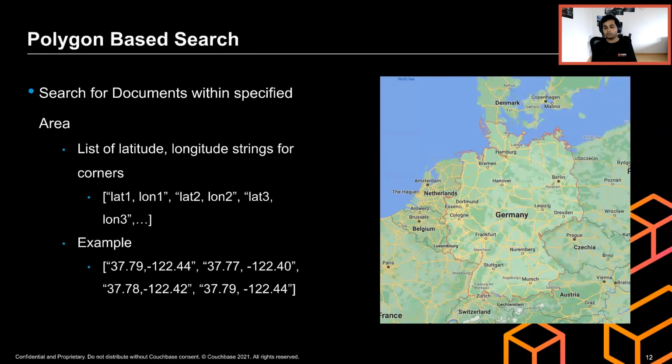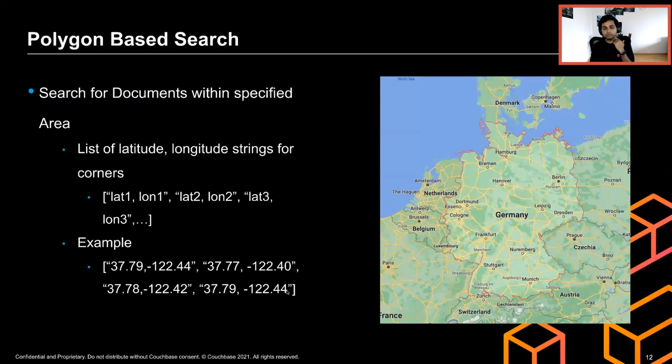The way you provide it is you provide a list of latitude and longitude strings for all the boundaries or corners that you are interested in. So for example, in this map, if you specify the entire boundary of Germany, all these points on the red lines, you can get the area enclosed by Germany. And using this, you might be able to find all the points which belong to Germany compared to other points.